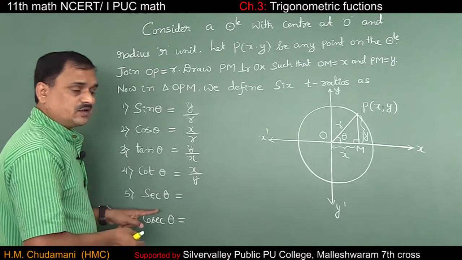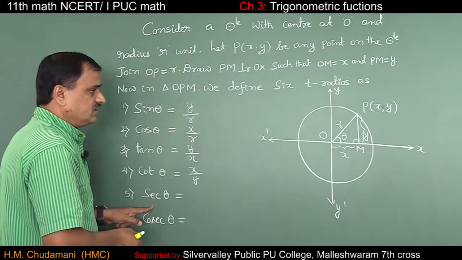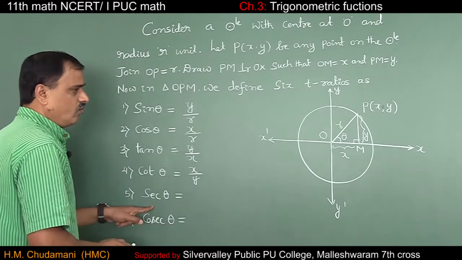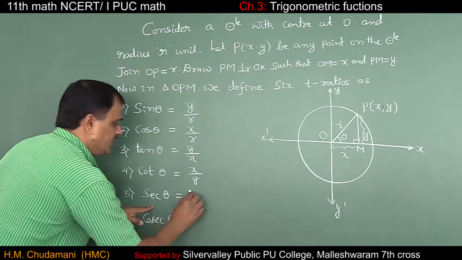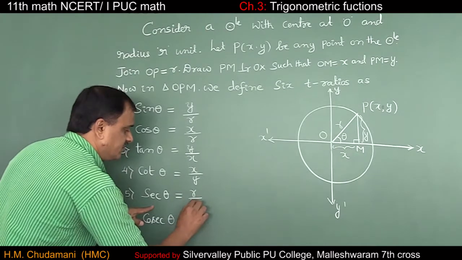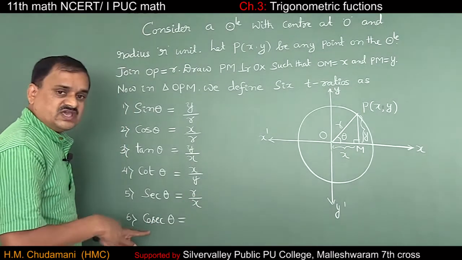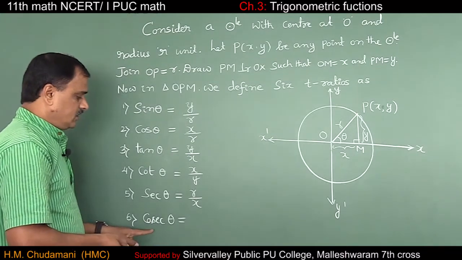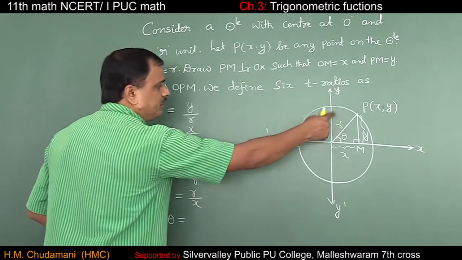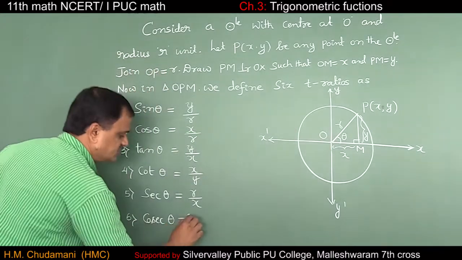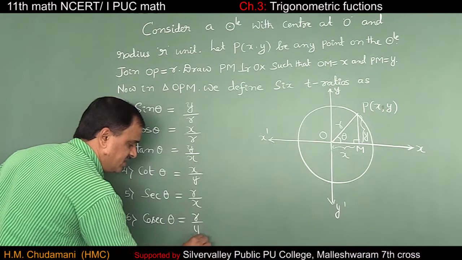Then secant of the angle theta is OP divided by OM, which means r divided by x. Then cosecant of the angle theta is OP divided by PM, that is r divided by y.